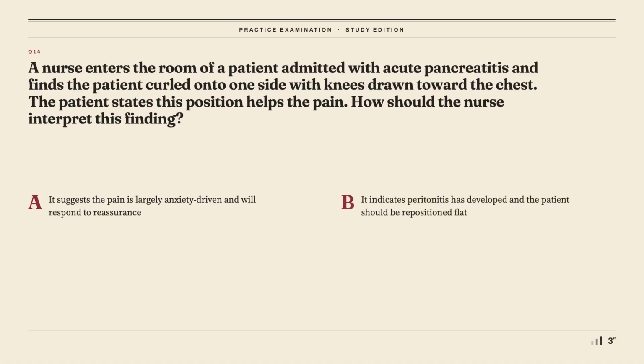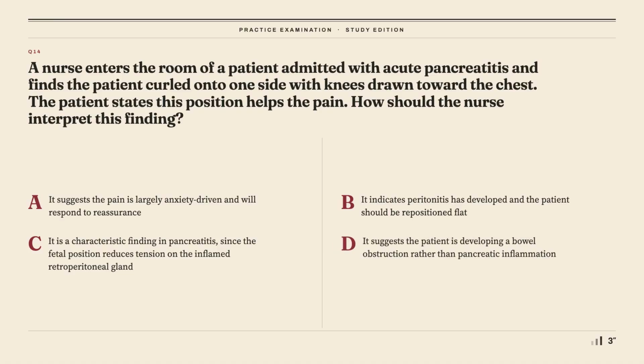B. It indicates peritonitis has developed and the patient should be repositioned flat. C. It is a characteristic finding in pancreatitis, since the fetal position reduces tension on the inflamed retroperitoneal gland. D. It suggests the patient is developing a bowel obstruction rather than pancreatic inflammation. Which would you go with? Lock it in before the reveal.